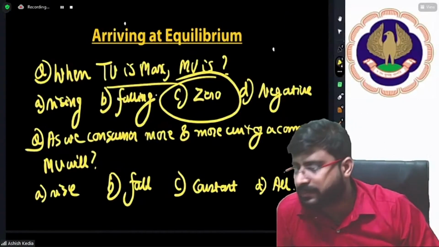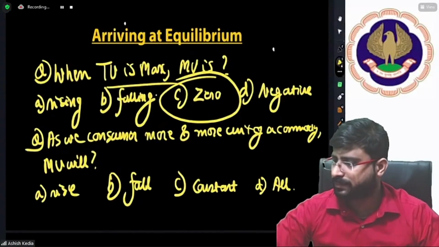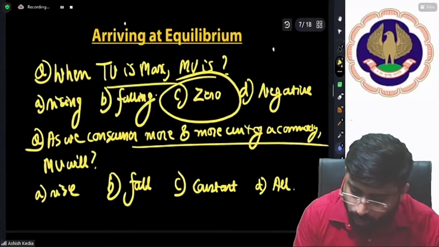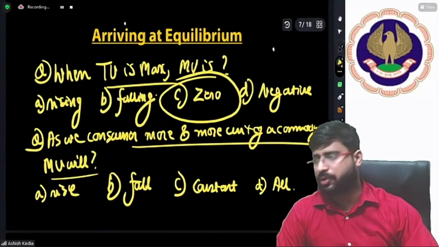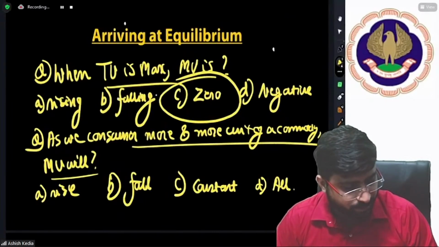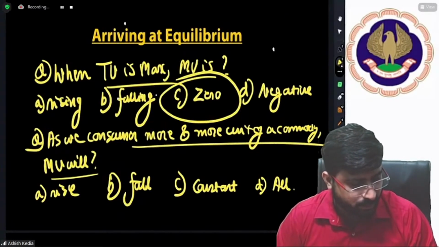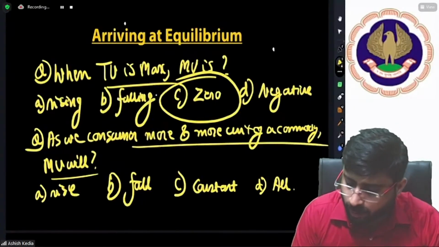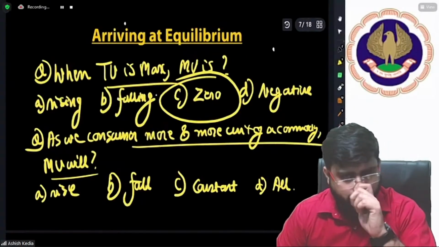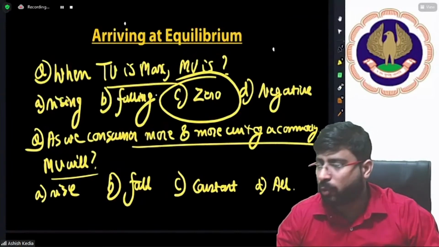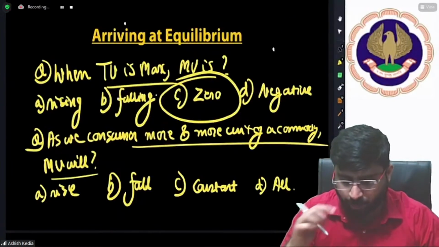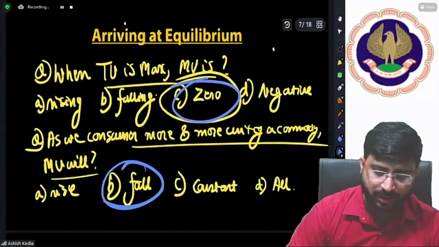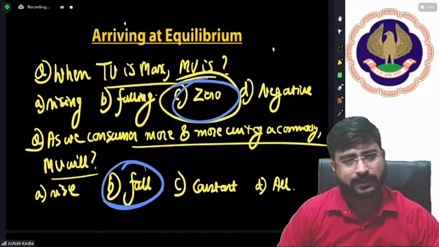What do you think? As we consume more and more units of a commodity, what will happen to marginal utility? All right, absolutely correct. If you are saying that, sir, as we consume additional units, marginal utility will fall, that's correct. That is the correct answer.